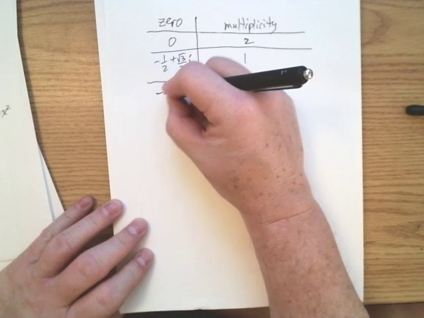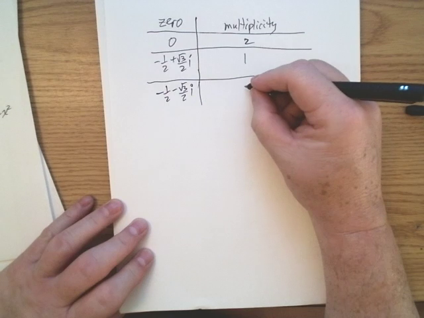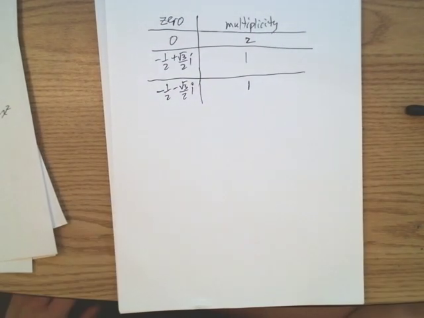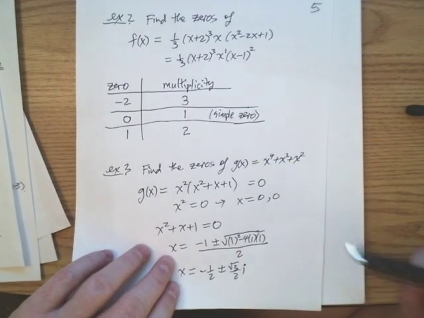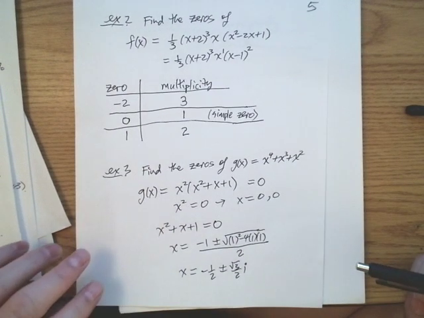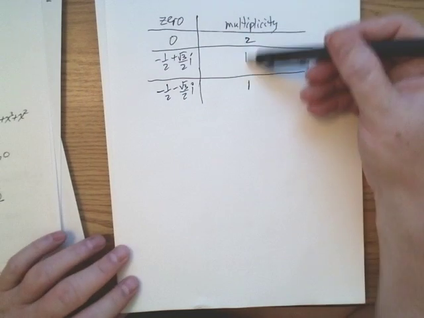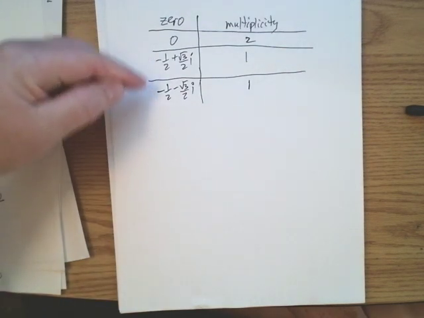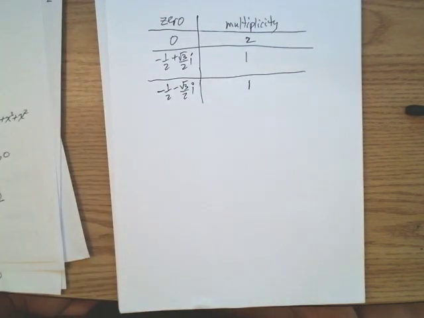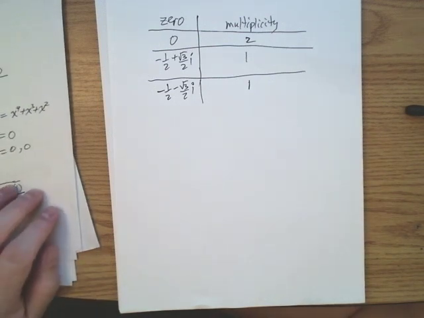And its conjugate here also occurred just one time. There it is, a total of 4 zeros. This was also of degree 4. When we talk about the fundamental theorem of algebra, we'll see that always holds. The sum of these multiplicities will always equal the degree of the polynomial. You sometimes have to be allowed to go into the complex numbers to do that though. Well, this should be good for a beginning introduction to the ideas of zeros of polynomials.